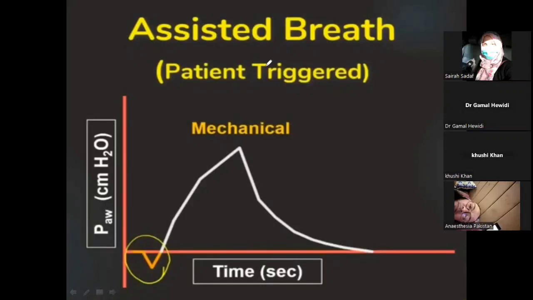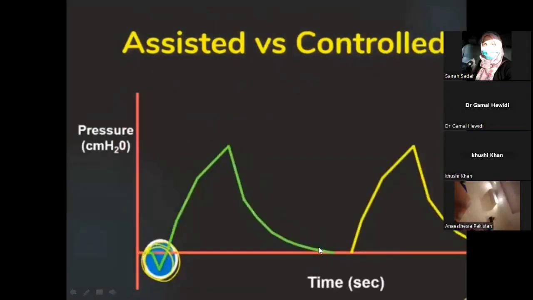Either it's assisted control, it is SIMV, or whatsoever. Now, what is the difference between the pressure curve for assisted and controlled? It's easy now. I hope you will now easily recognize it.